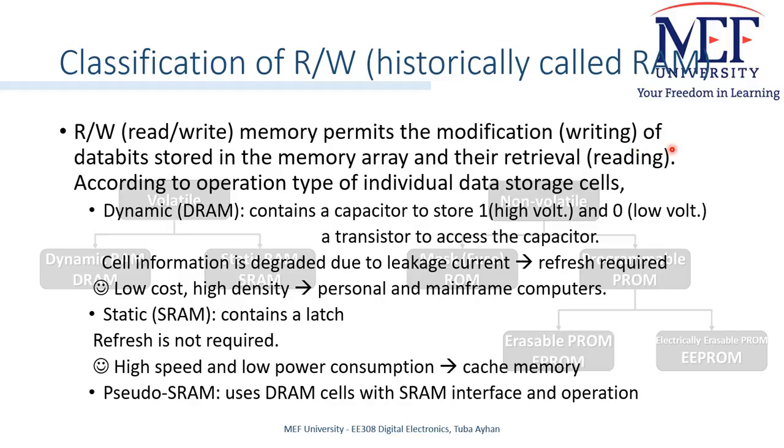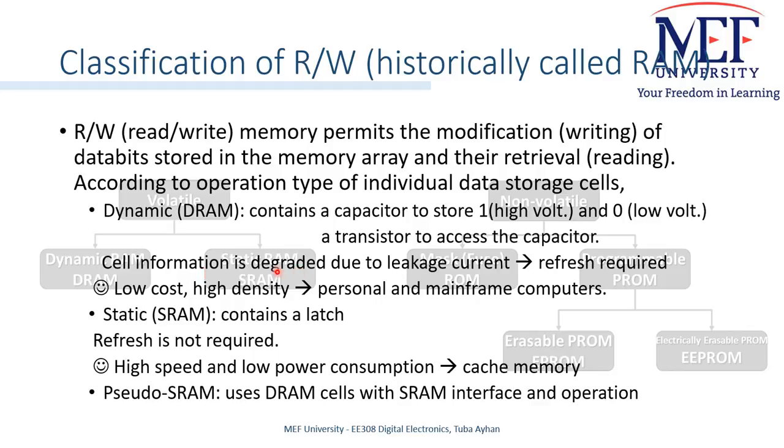Based on the operation of the individual data storage cells, RAMs are classified into two main categories: dynamic RAM, DRAM, and static RAM, SRAM. The DRAM cell contains a capacitor to store binary information, 1 or 0, and a transistor to access that capacitor.